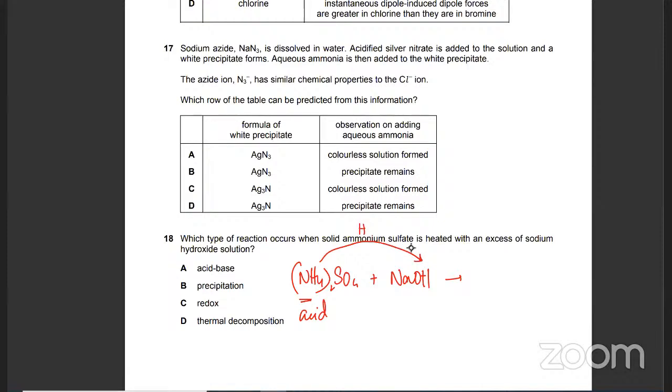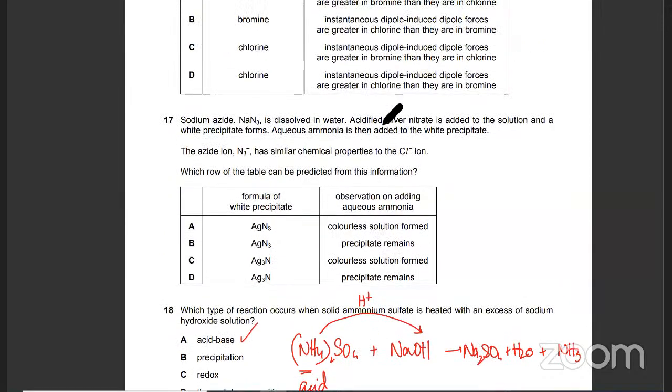The OH- ions turn into water. The NH4+ loses an H+ and turns into NH3 gas. What is left is the salt, Na2SO4. So it's an acid-base reaction, the first one.